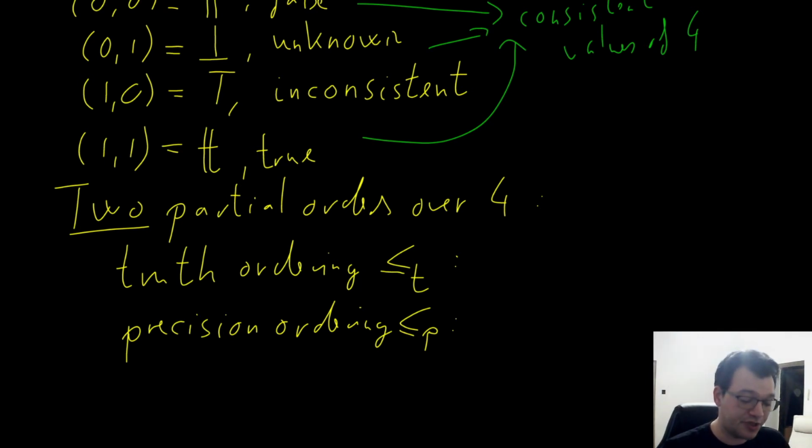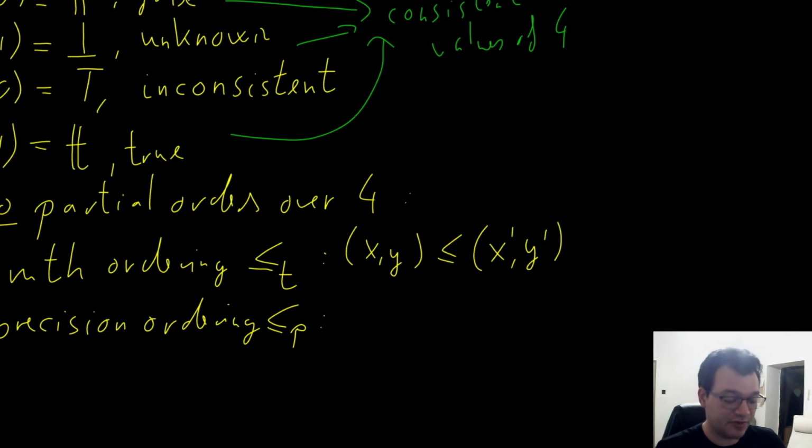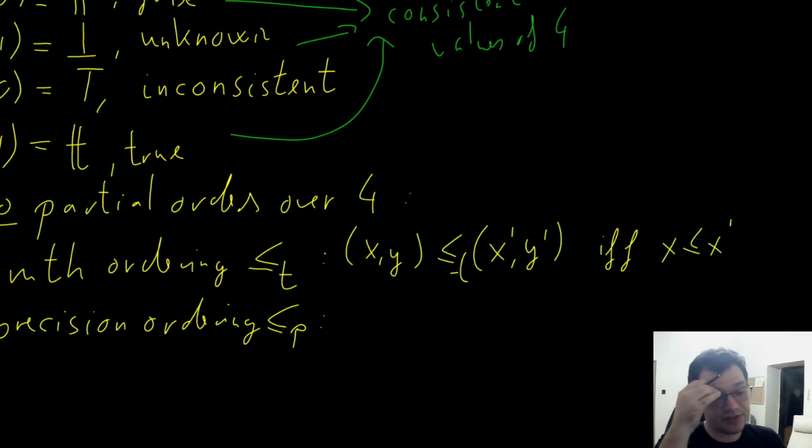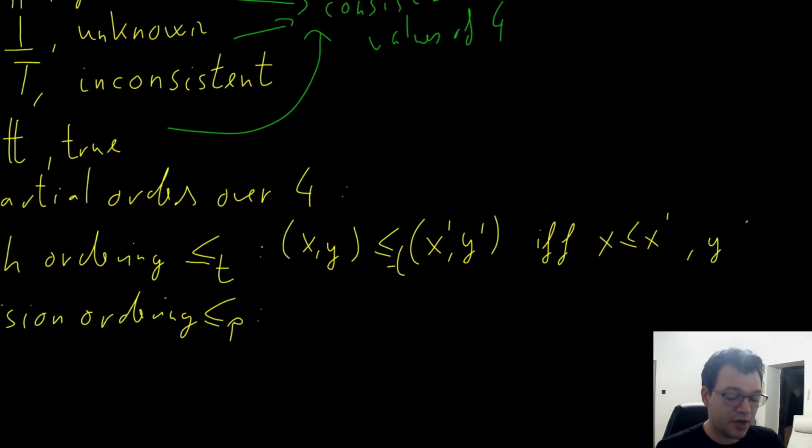So formally, the interval x,y, a member of 4, is smaller than or equal to x',y' according to the truth ordering if and only if x is at most as true as x' and y is also at most as true as y'.